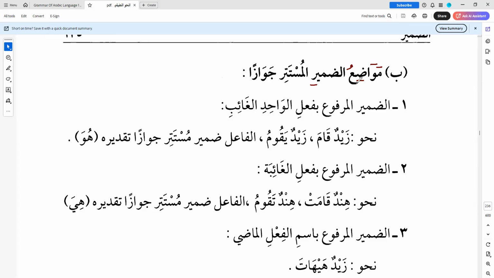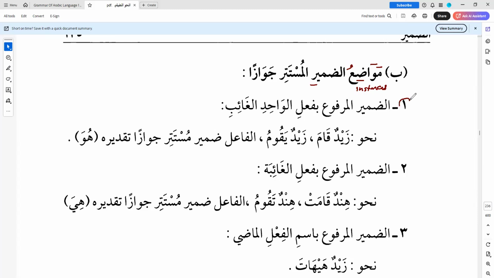So today we're going to finish off with the mustatir, that is a situation in which you have the option to hide or conceal a damir. And we're going to look at the instances, mawadi, where you can do that.